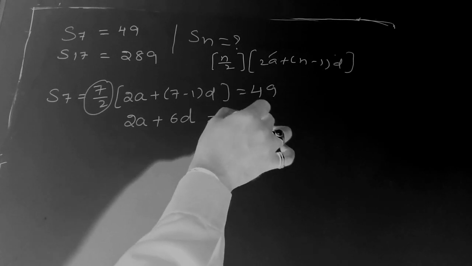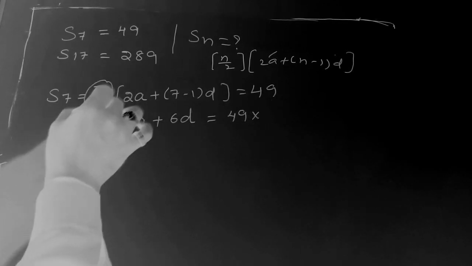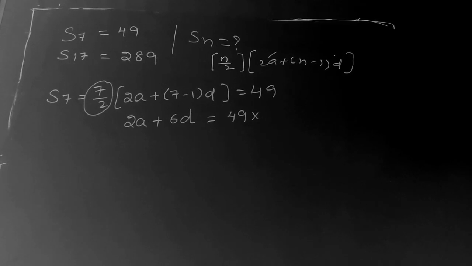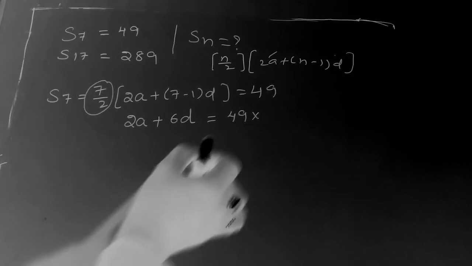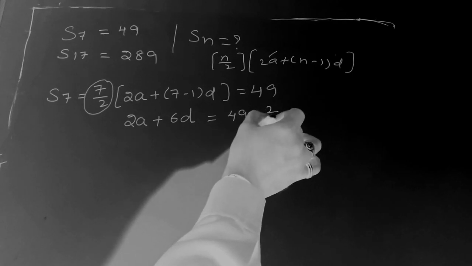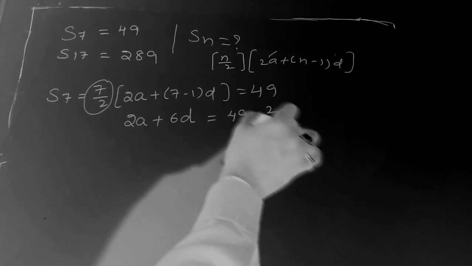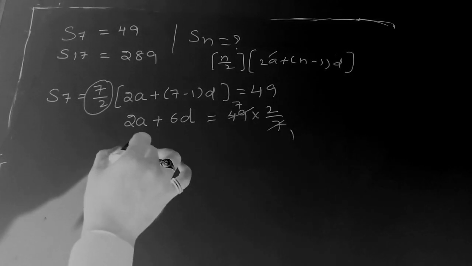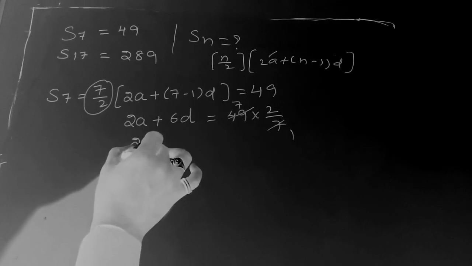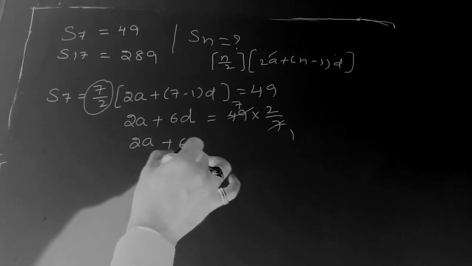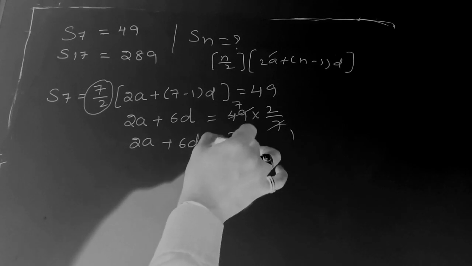49 into 7 by 2, it is a fraction. When a fraction goes to the right side, it becomes reversed, 2 by 7. 7 one time, 7 7 times. So 2a plus 6d is equal to 7 into 2.